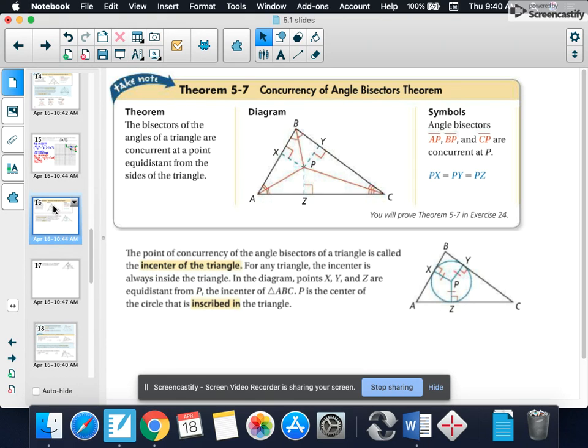In the diagram here, AP, BP, and CP are the angle bisectors, and they're concurrent at P, meaning they all meet at P. That makes PX equal to PY and equal to PZ. That is called the incenter of a triangle. When you're talking about it with a circle, you say that P is the center of the circle that is inscribed in the triangle.